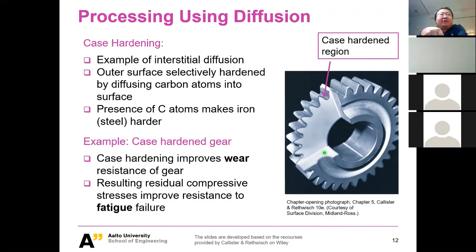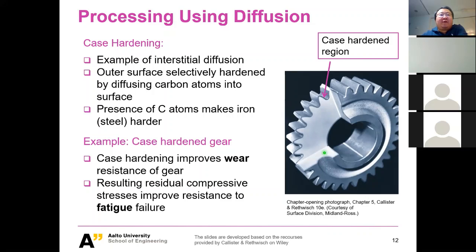And as I promised, I want to tell you what diffusion can be used for. This is a very good example for you to learn. Diffusion can be used to do case hardening. Why I'm giving this example again, because it is something we have brought up before. So first of all, what is case hardening?